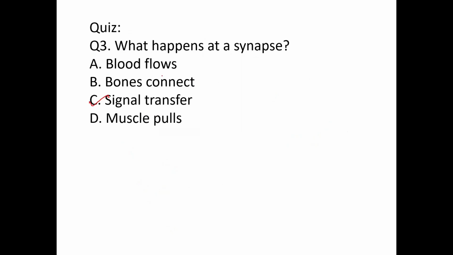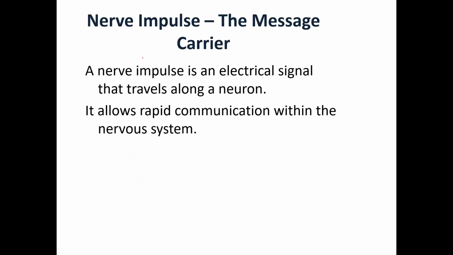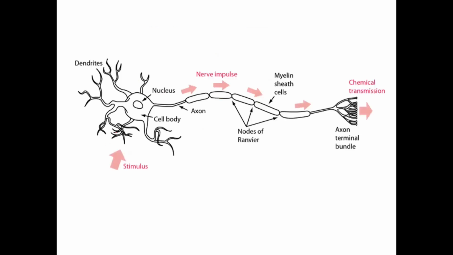The signal is transferred. Now the nerve impulse, the message carrier. How is a nerve impulse transferred? A nerve impulse is an electrical signal that travels along a neuron. It allows rapid communication. Electrical signaling is faster as compared to chemical signaling, so communication within the nervous system is rapid. Look at how a nerve impulse takes place.